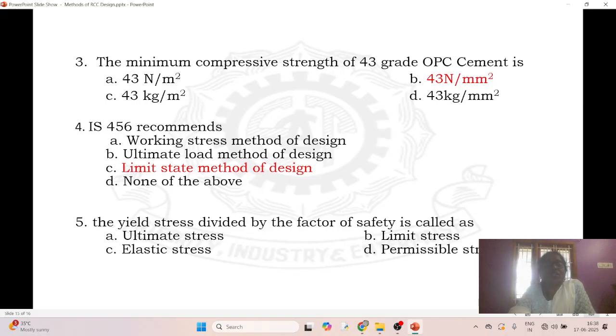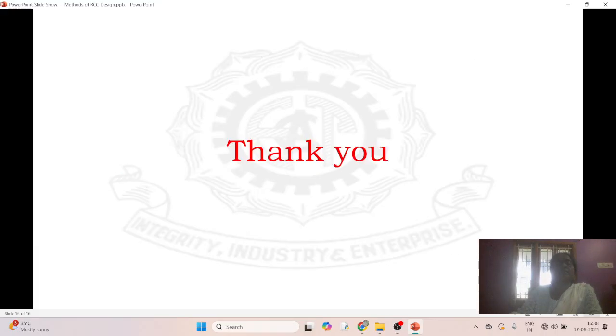The limit state method is the right answer. The fifth one: yield stress divided by the factor of safety is called permissible stress.